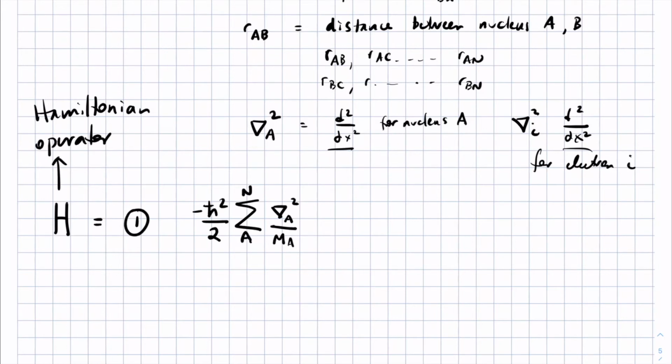All we've done is we've brought these constants out front. So we're going to have this del sub A operate on the wave function for nucleus A, and so on. Okay? So that's kinetic energy of the nuclei.